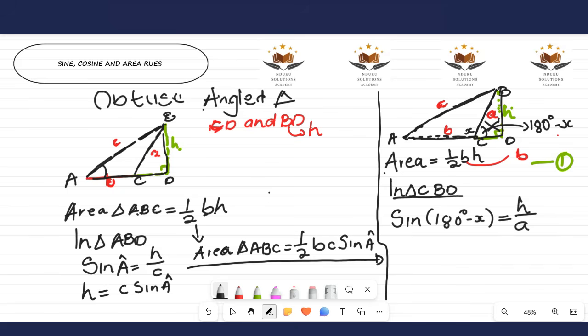So this will simply be sine of X equals H over A.